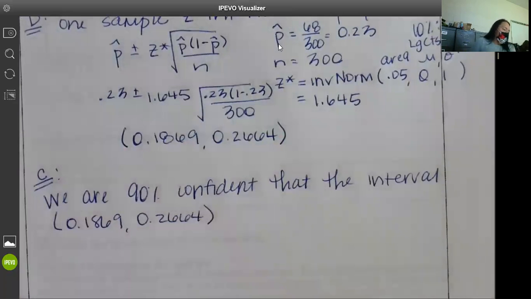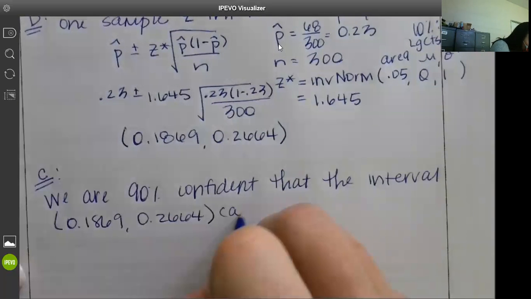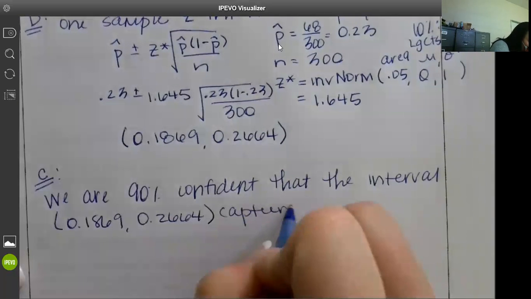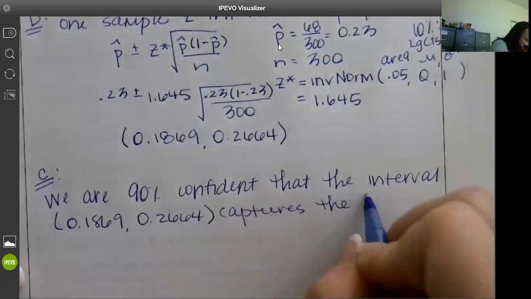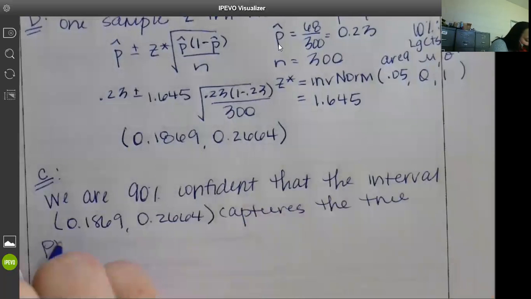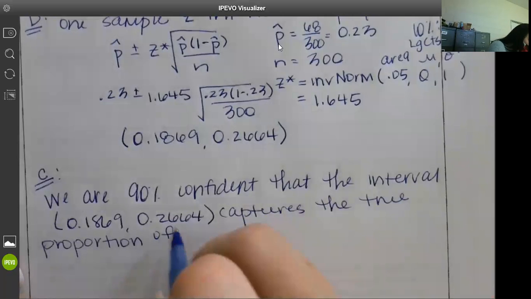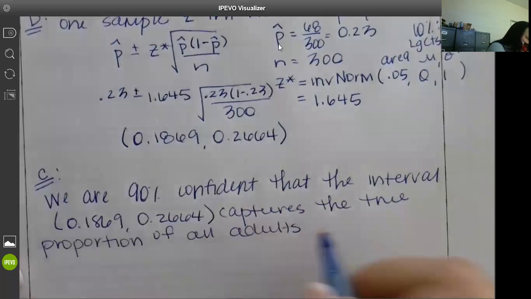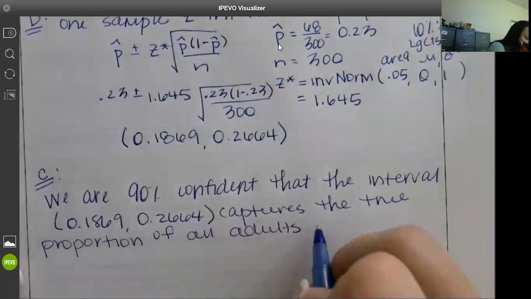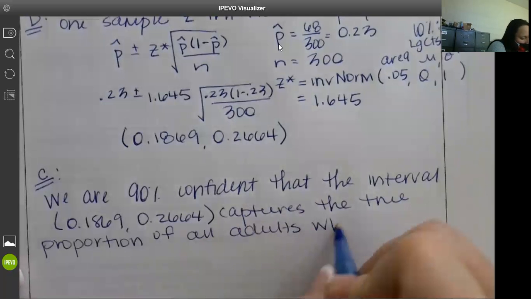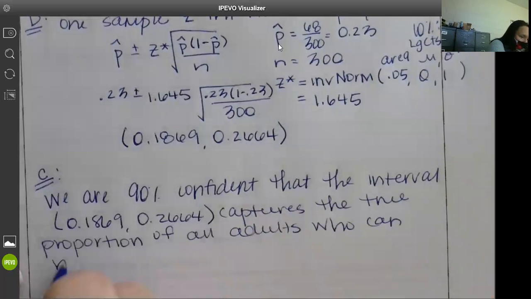Captures the true proportion. Make sure you write this out completely tomorrow. The true proportion of, what's that keyword you got to put in there? All what? Keep going. Yes, it has to have all of it.